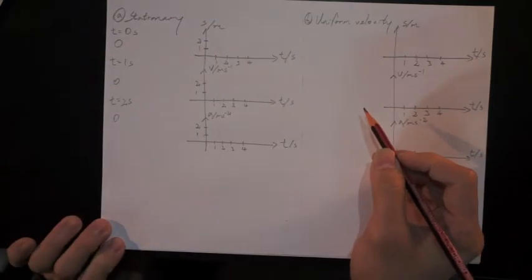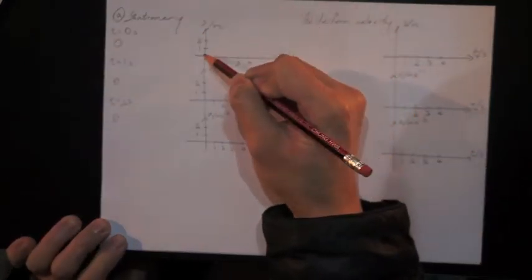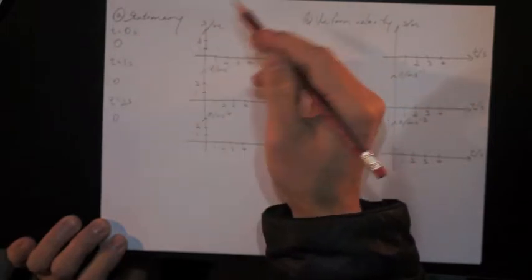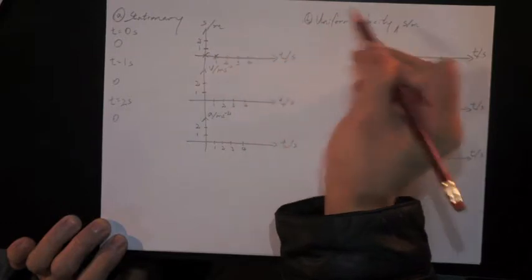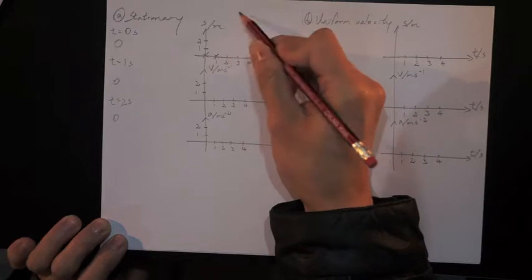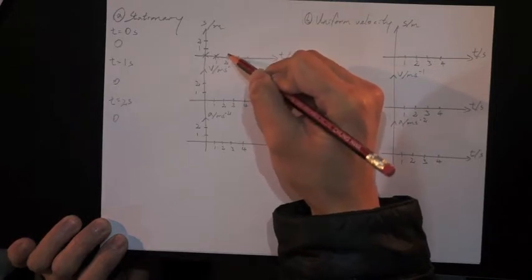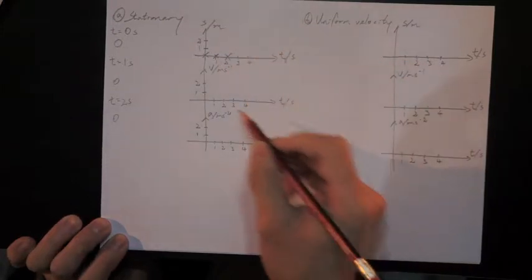So we can say for the displacement-time graph, at 0 seconds it's at the origin, and at the first second it is 0 displacement, and at the second second it's at the 0 position too.